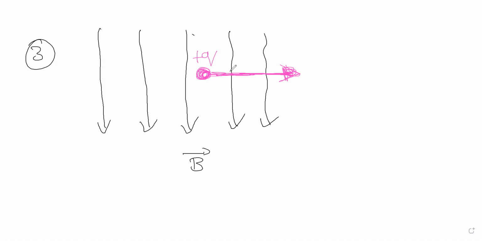Your hand has to be placed in the direction of the magnetic field. You have to take your right hand first, and your thumb should point in the direction of the movement of the charge. That means here is my V bar. V bar direction is here.